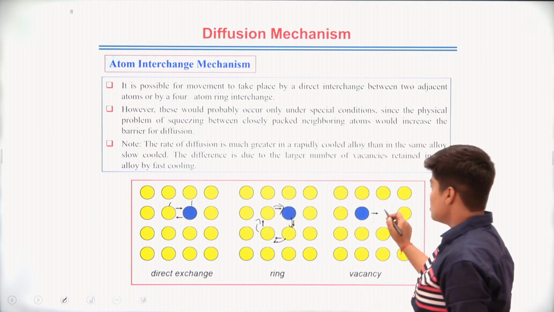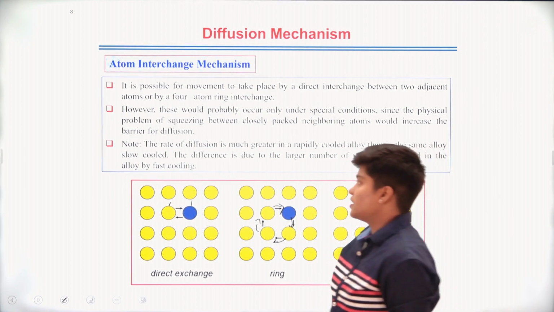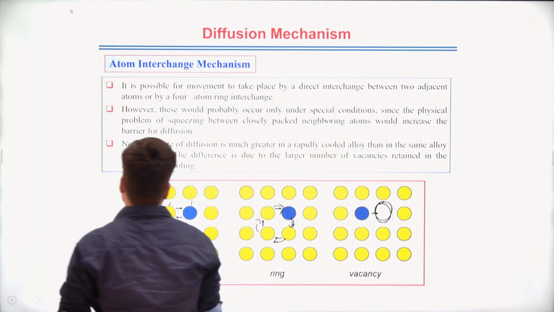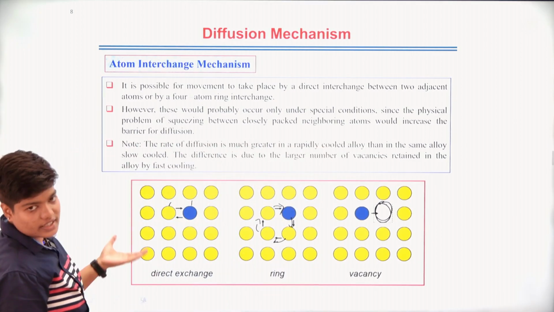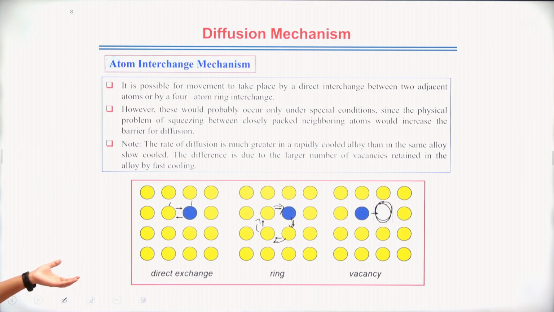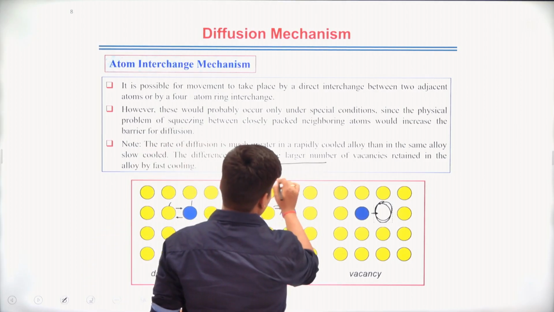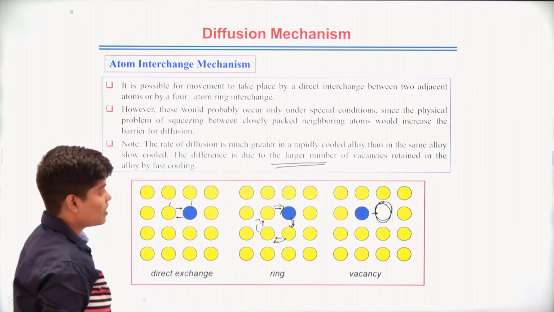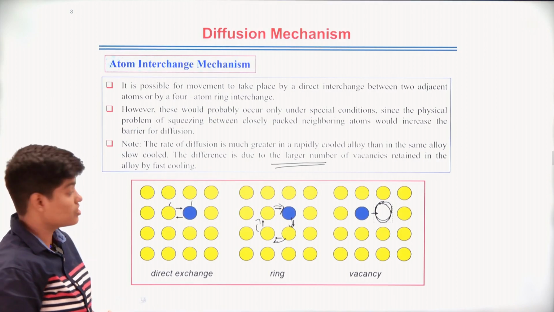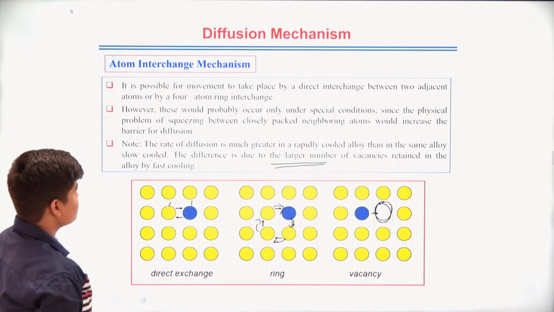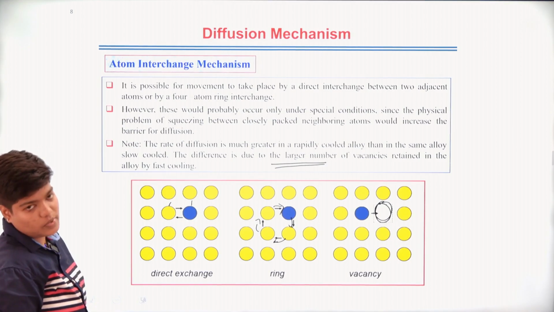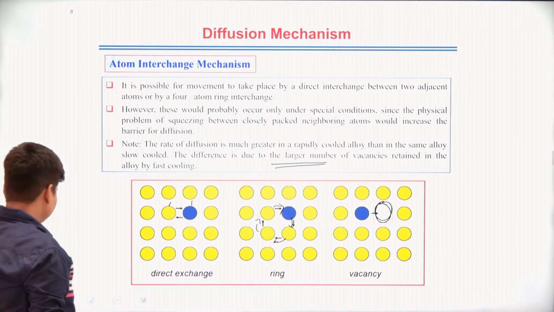So the vacancy will be created in the material and diffusion will happen. Generally the rate of diffusion will be more in a rapidly cooled state. If you cool the material fast, a large number of vacancies will be created in the material, so the atom interchange mechanism will happen.